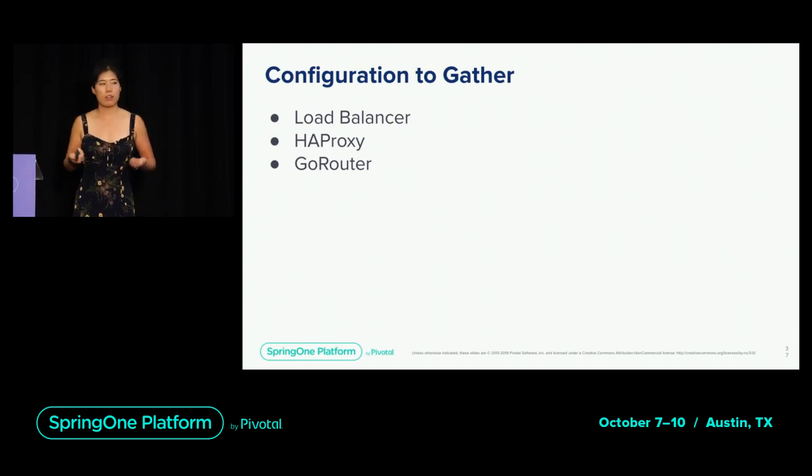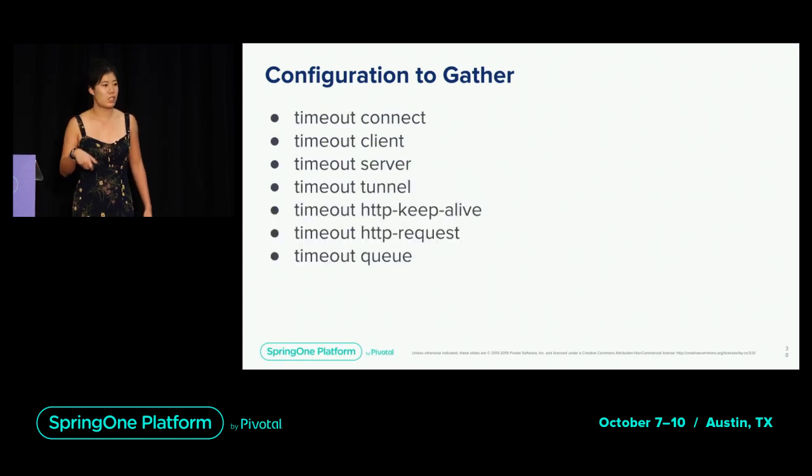The configuration we gathered about each of these different components included a variety of different timeouts, which is important when you have network connections that are erroring. You can also get a lot of this configuration by just SSHing onto all the BOSH VMs and looking at the config files on those disks.